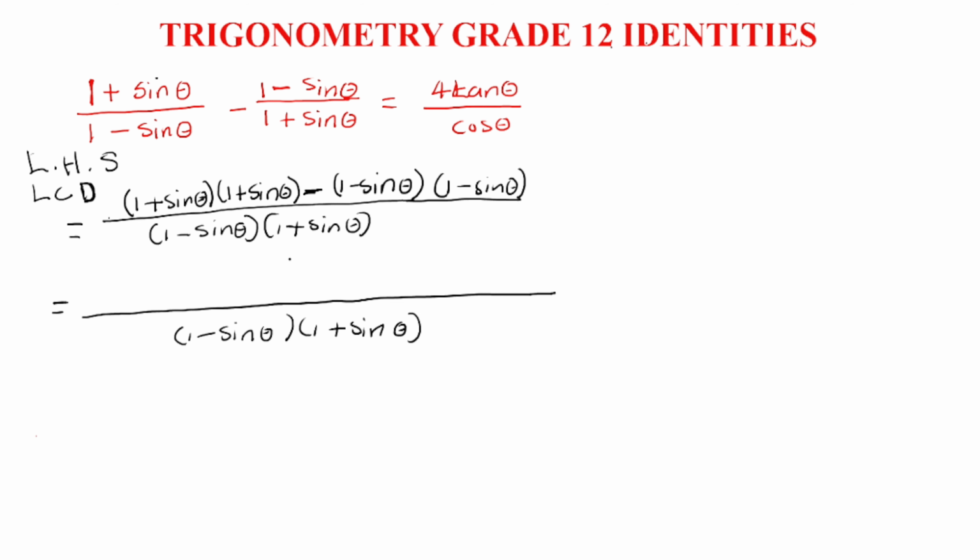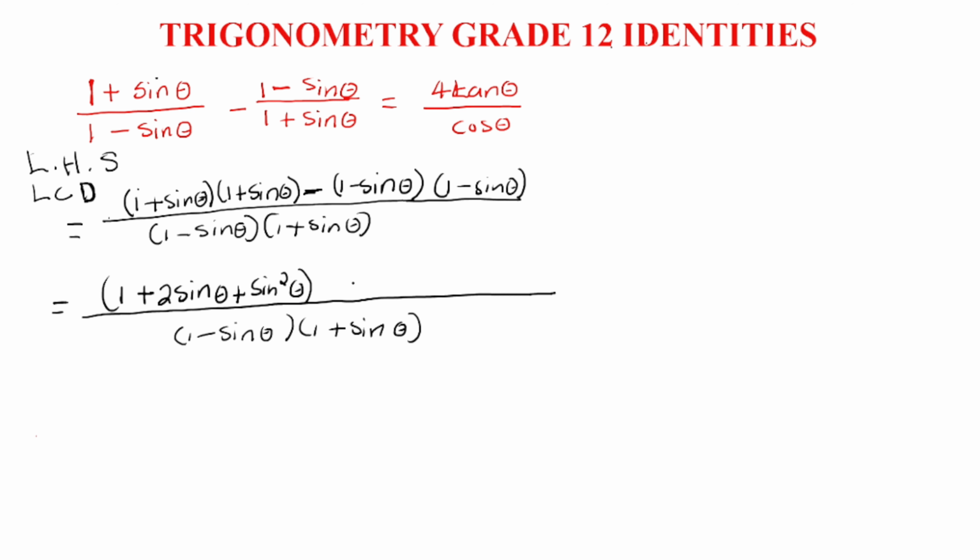It's still the same as it is. 1 times 1 will give us 1. And then 1 times sine theta is sine theta, and 1 times sine theta is sine theta. Therefore, sine theta plus sine theta will give us 2 sine theta, which is our middle term. And then sine theta times sine theta will be plus sine squared theta.